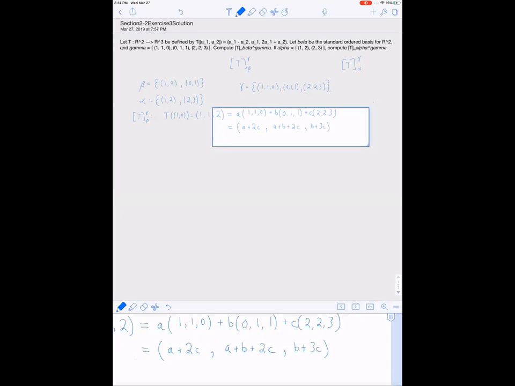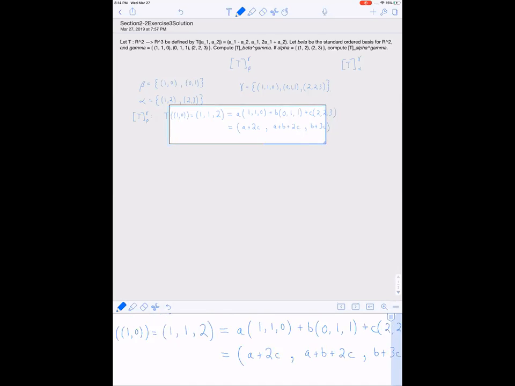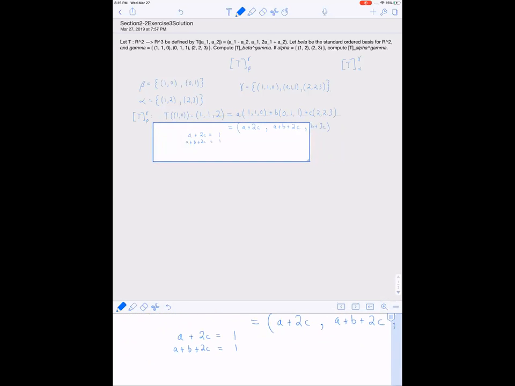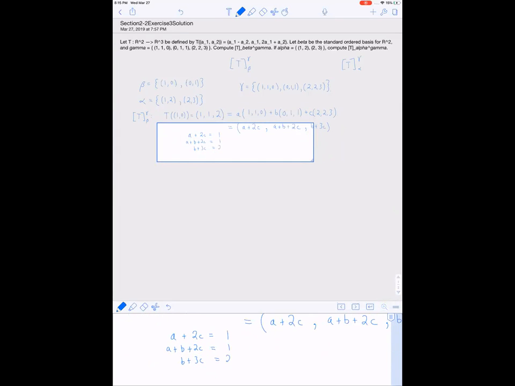So if I want this vector here to equal (1, 1, 2), then we really just have a system of equations. A plus 2C is equal to 1. A plus B plus 2C is also equal to 1. And the third component, B plus 3C, is equal to the third component of that vector, namely 2.